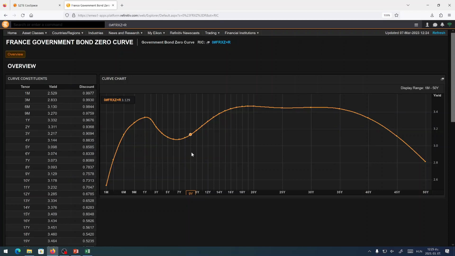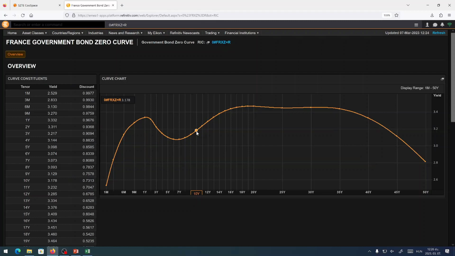Now inflation is going down, so the market also tries to react to this, and that's why if we say, okay, let's pick the 10-year government bond yield, what is this? 3.2-ish%.